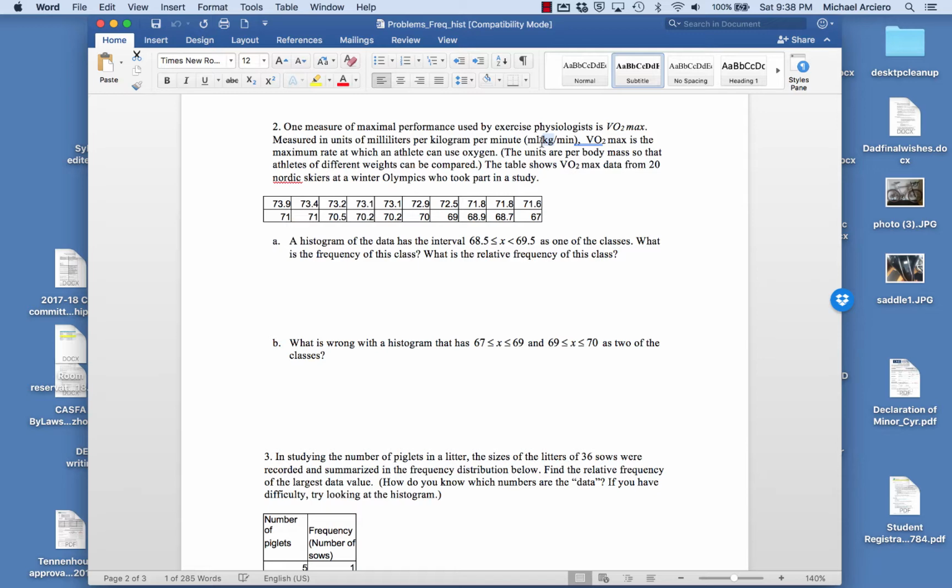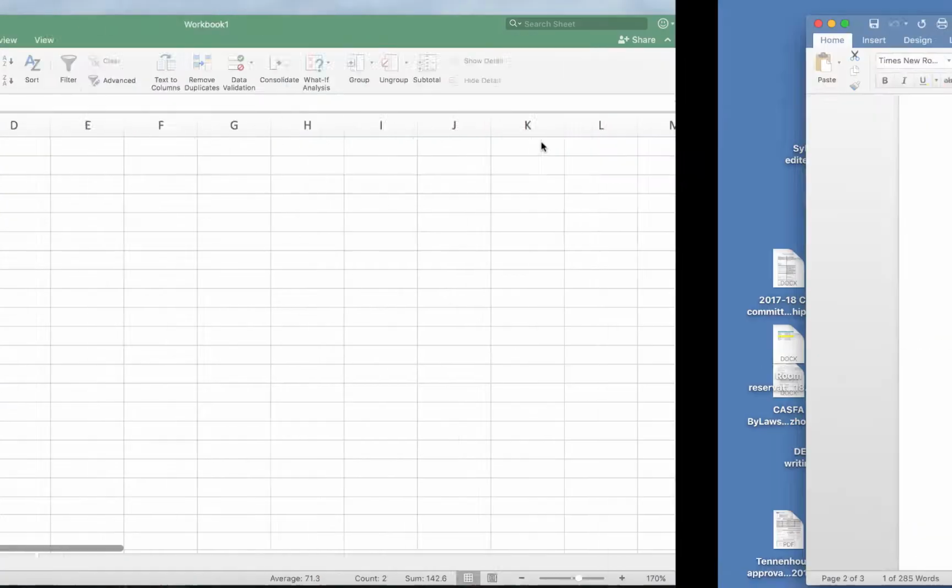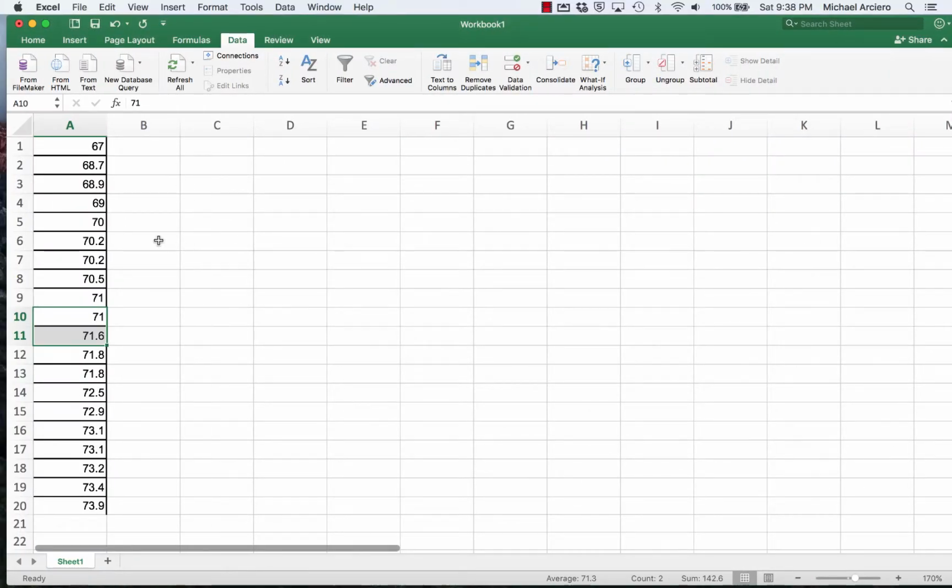Okay, if we arrange this data in ascending order, P sub 50 is the median. It's the value where half the data are less. Well, we know that when n is equal to 20, it's even, and the median is going to be halfway between the two central values, the 10th and the 11th. So it's going to be halfway between 71 and 71.6, or 71.3.